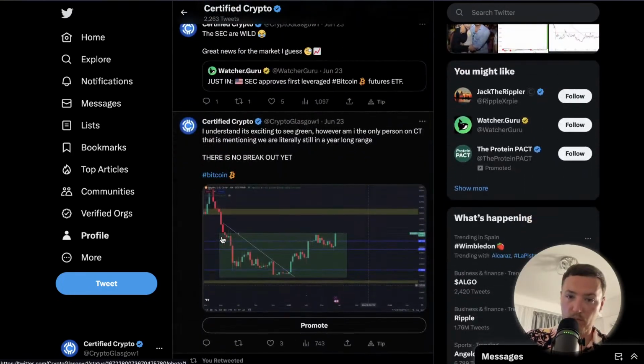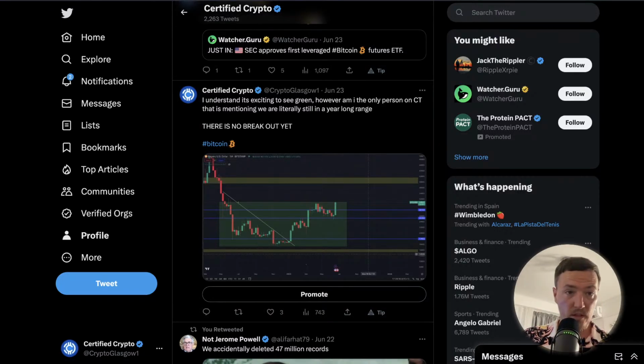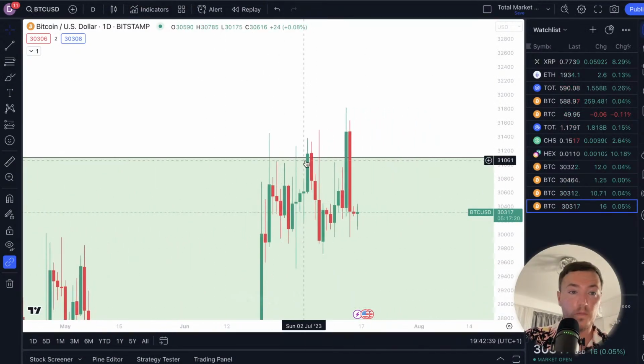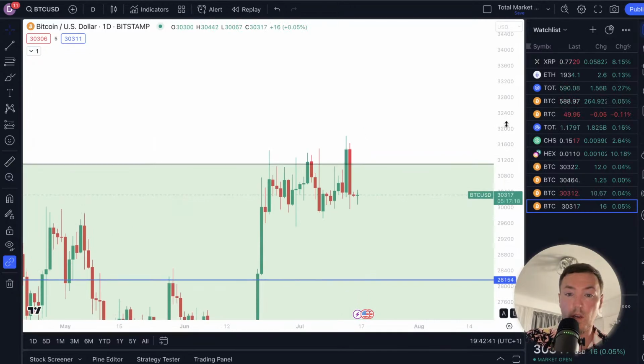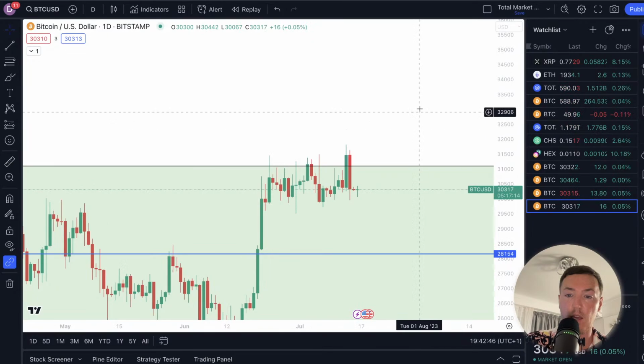But I've been posting pretty frequently. I understand it's exciting to see green. However, am I the only person on crypto Twitter that is mentioning we are literally still in a year-long range? There is no breakout yet. This weekend we saw an attempt at a breakout. Well, it did break out, but what happened? We have come right back down again, right into the range yet again.